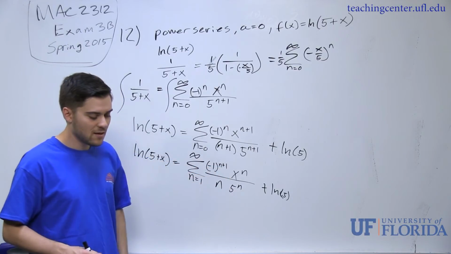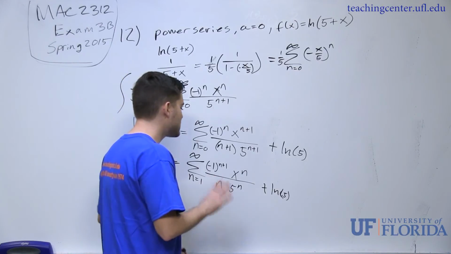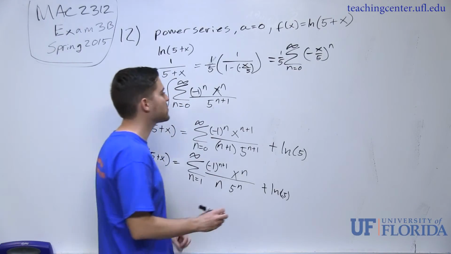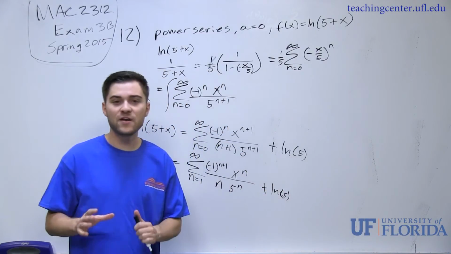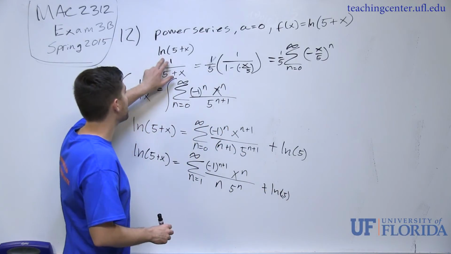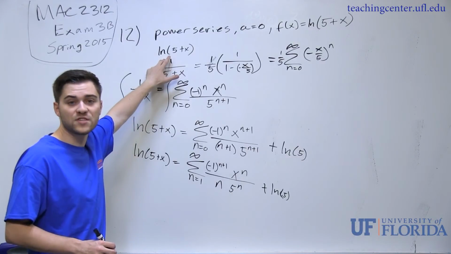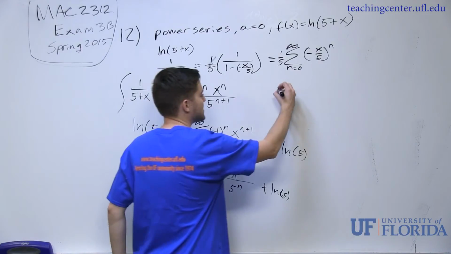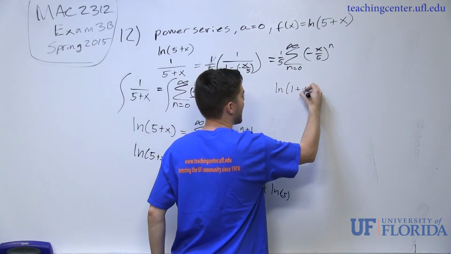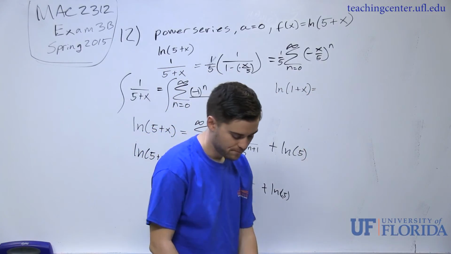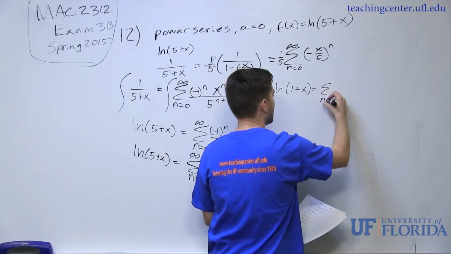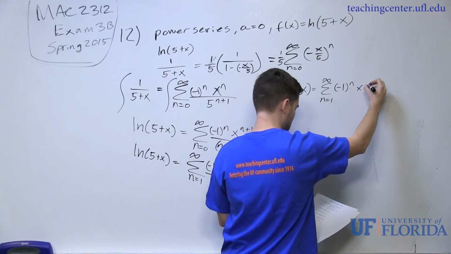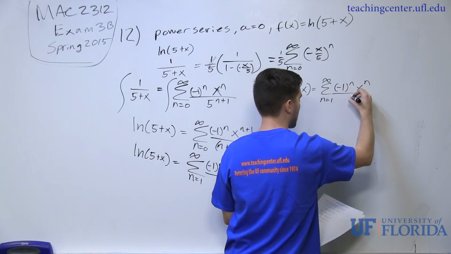So in this case, we still need to find the interval of convergence. However, we know that there is a shortcut. By looking back at our definitions of Maclaurin series, this looks really similar to a Maclaurin series that we've learned before, and it's at the top of the page. It says natural log of 1 plus x is equal to the summation n equals 1 to infinity, negative 1 to the n plus 1, x to the n over n.